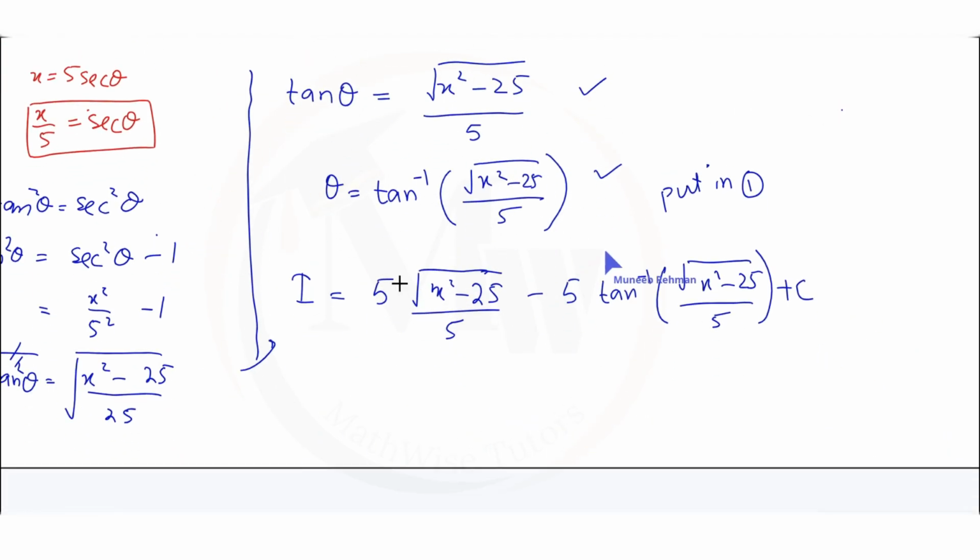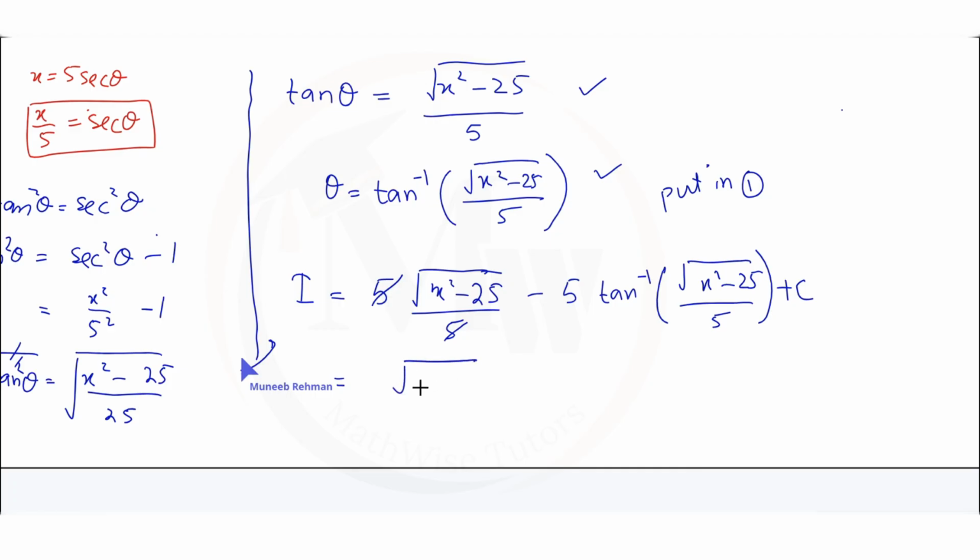If you want to simplify more, this 5 will be cancelled out, but we cannot cancel this 5 with this one. Why? Because this 5 is now inside the angle of tan inverse, okay? So we cannot cancel this 5 with the outside 5. Clear? But we can only cancel with this one.